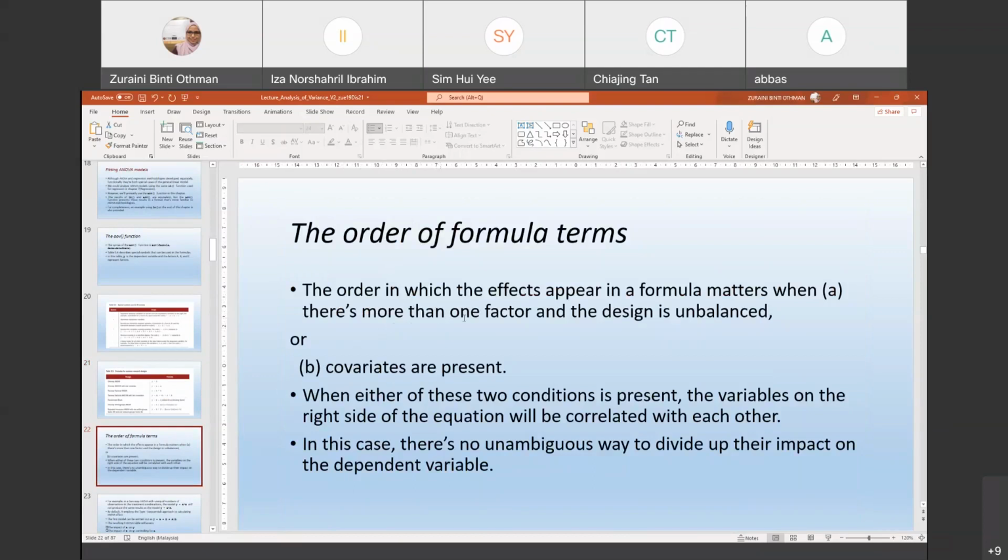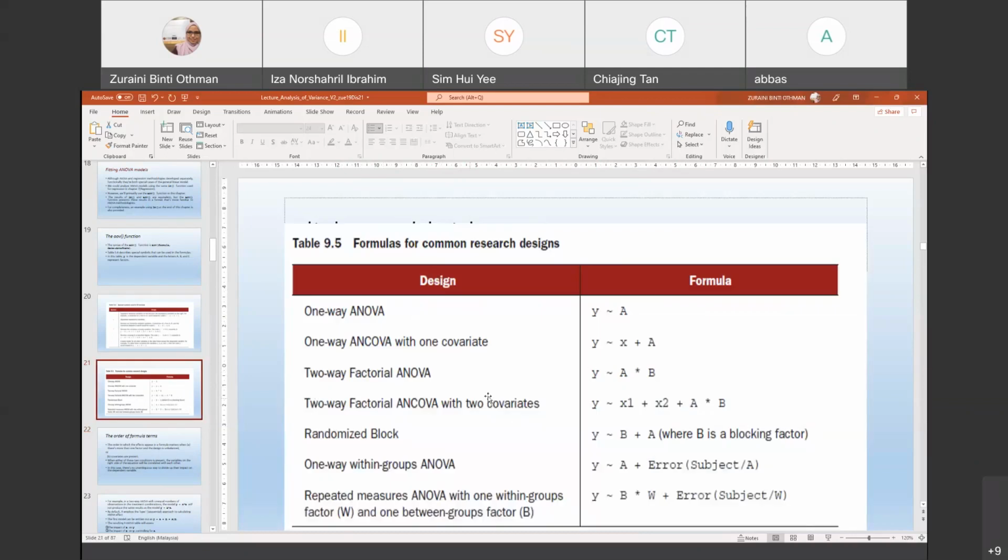The order in which effects appear in the formula matters when there is more than one factor and the design is unbalanced, or when covariates are present. If the covariate is present like this, in a one-way Anova that has a covariate, we have to put the covariate in front. Then we put the factor A.